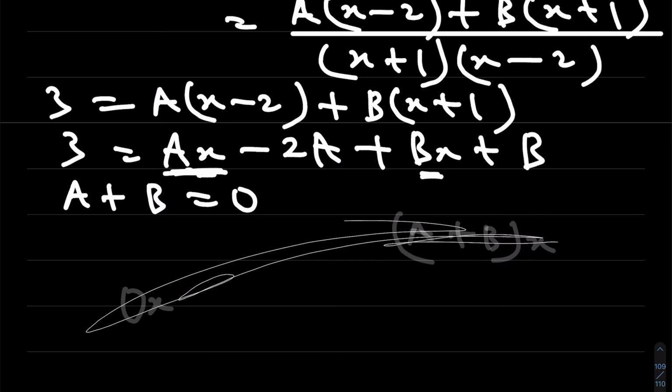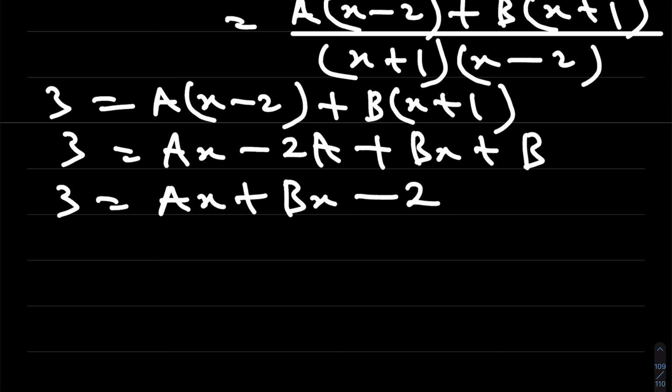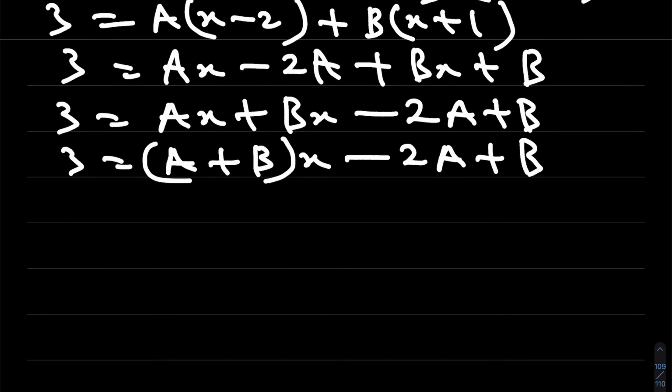So let me write the equation as 3 equals (A plus B) times x minus 2A plus B. Comparing the coefficients of x on both sides, the coefficient on the right hand side is A plus B, and on the left hand side is 0, because there's no x term.